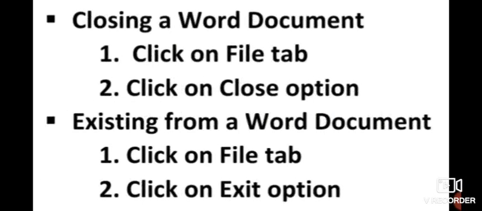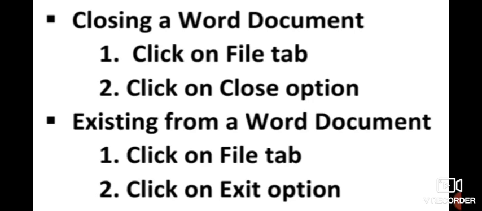Now closing a Word document. How do we close a Word document? If we complete our work and want to close our Word document, we click on File tab, and after that we click on Close option from there. As we click on Close option, our Word document is closed.